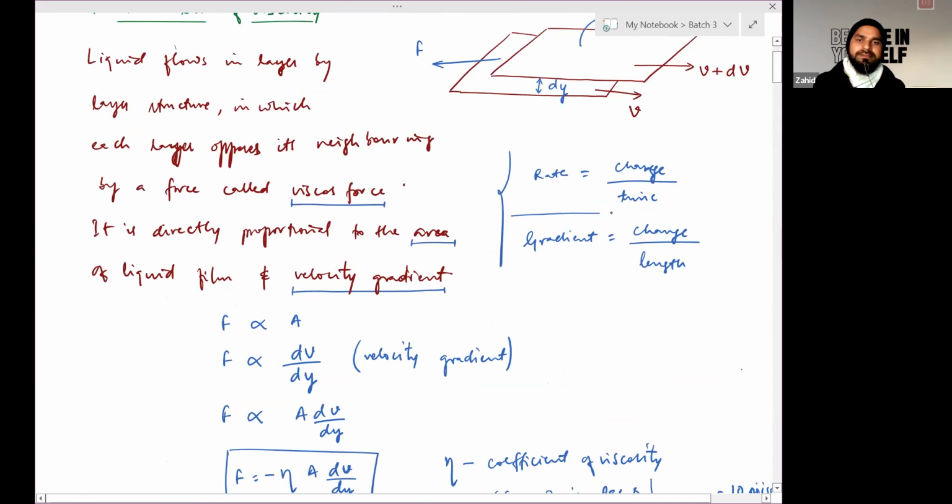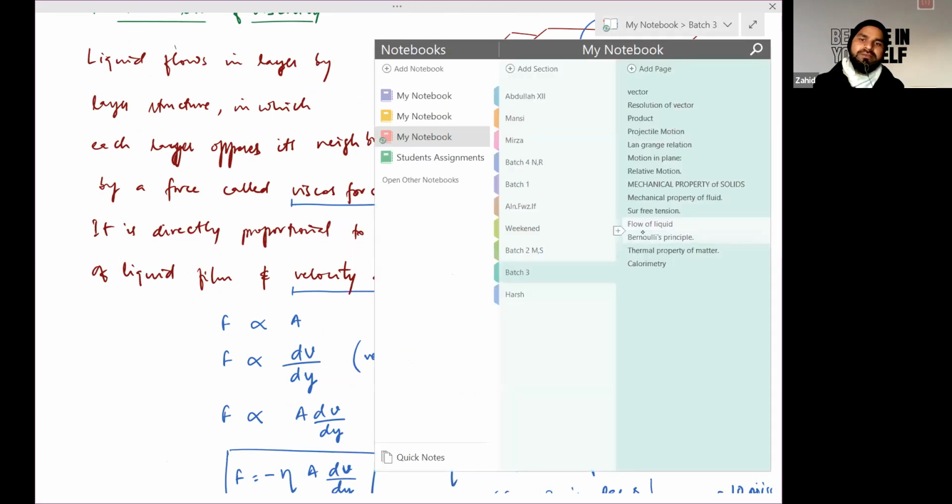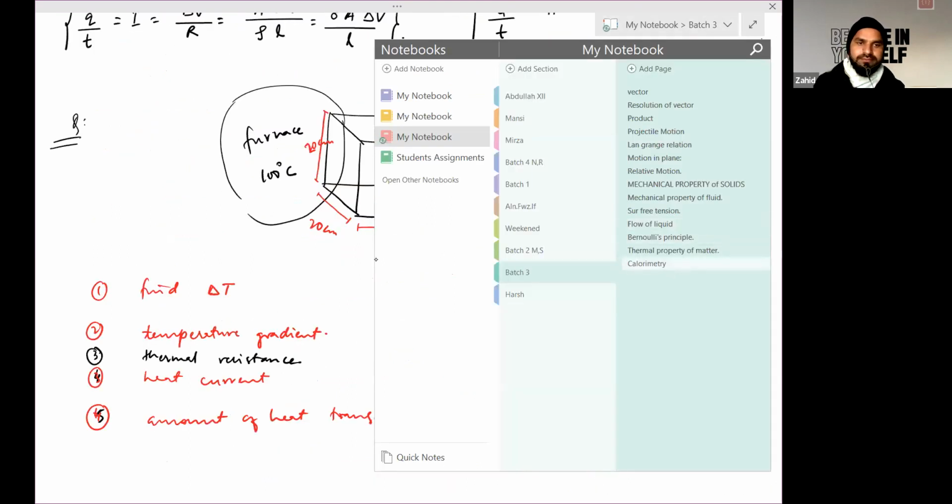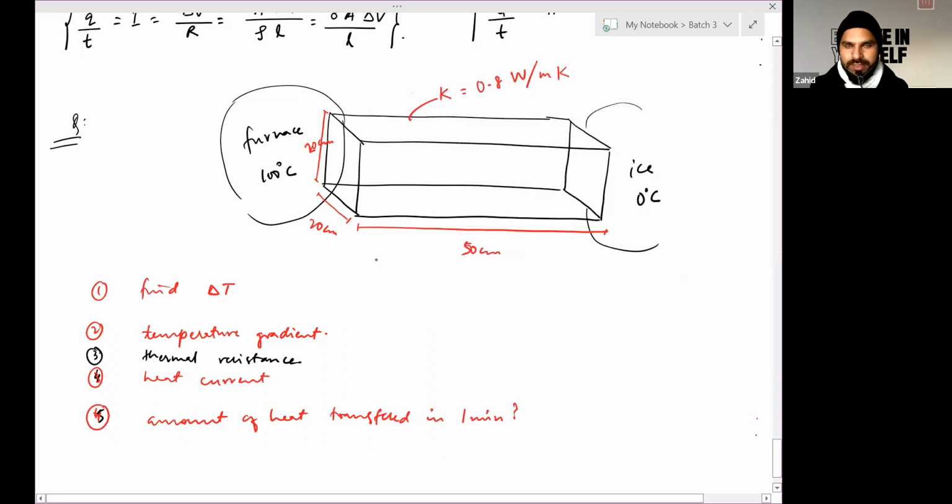Just see. Gradient is change of any quantity with respect to change in length. So in this part, we have to calculate temperature gradient. It means change in temperature divided by length. Try to find.